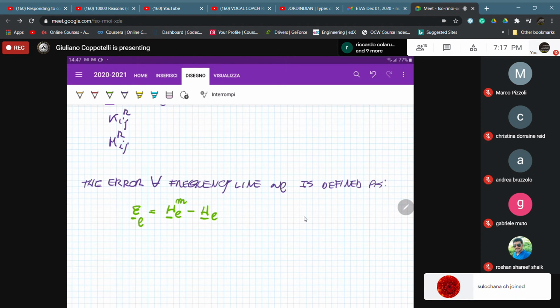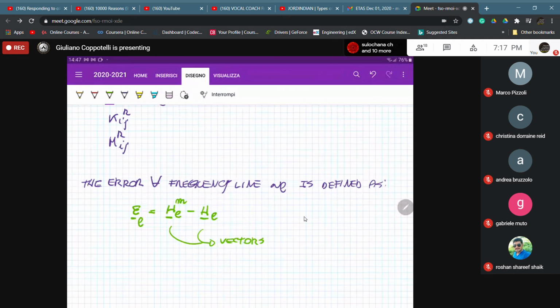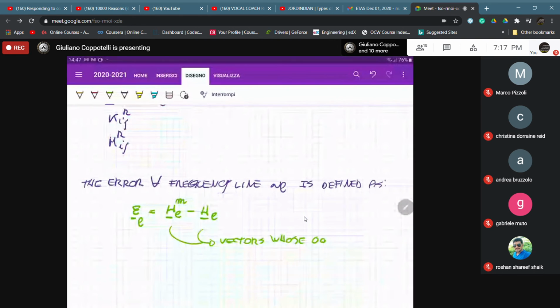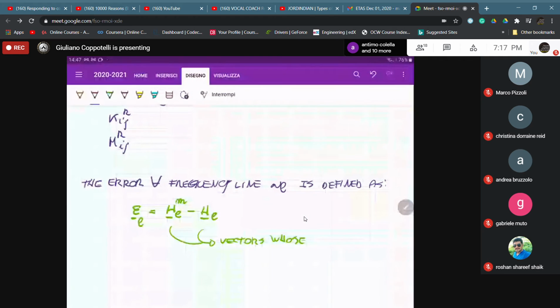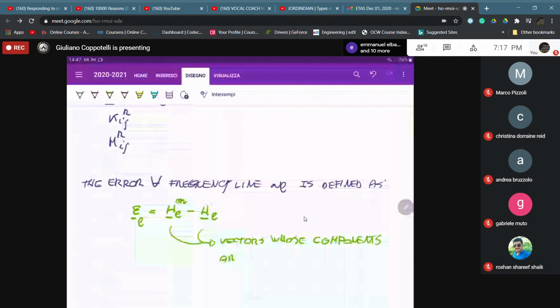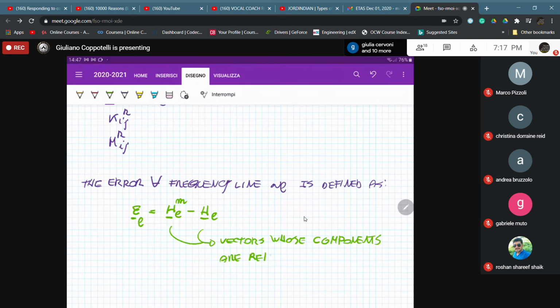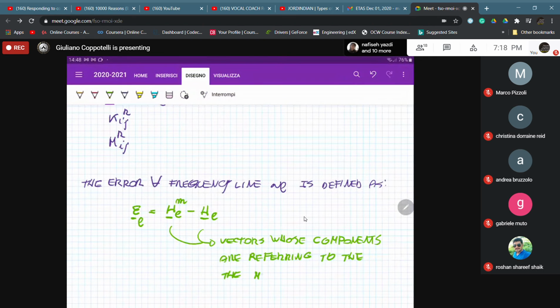So these are vectors whose components refer to the measured degrees of freedom, okay.